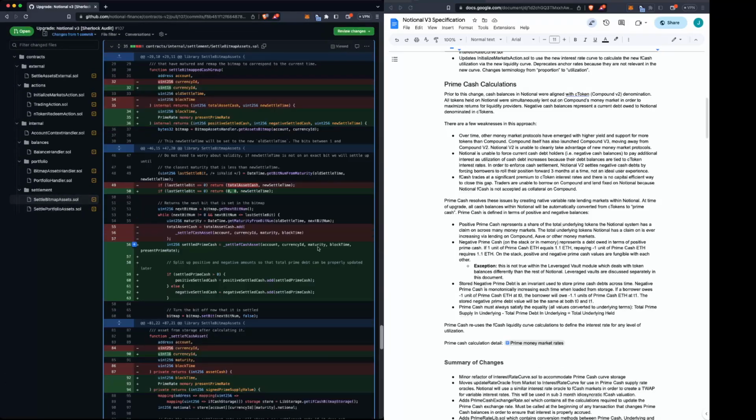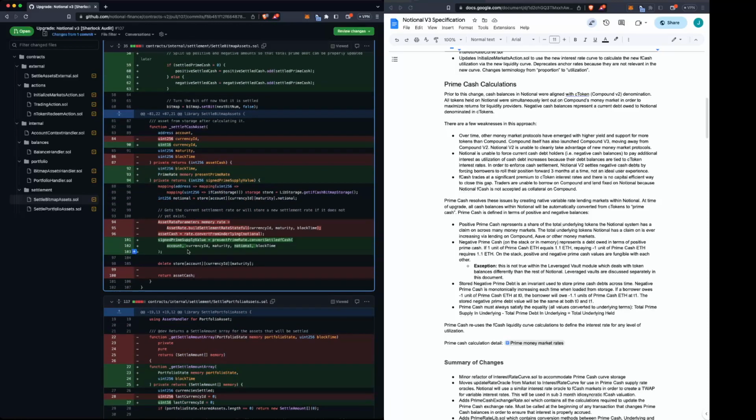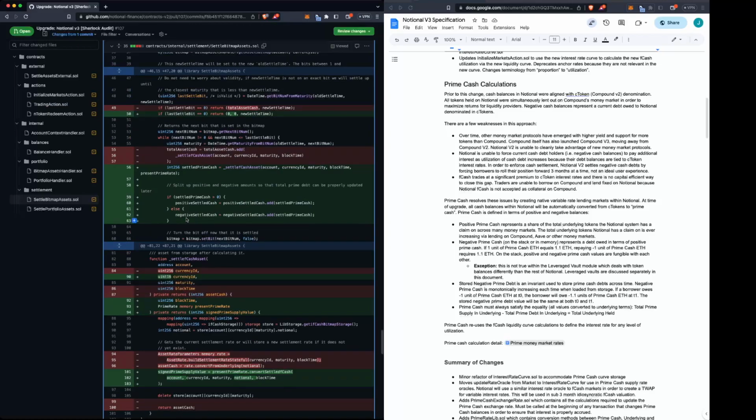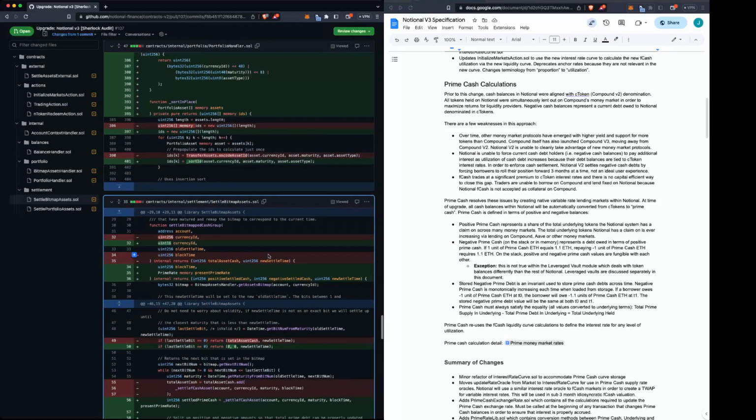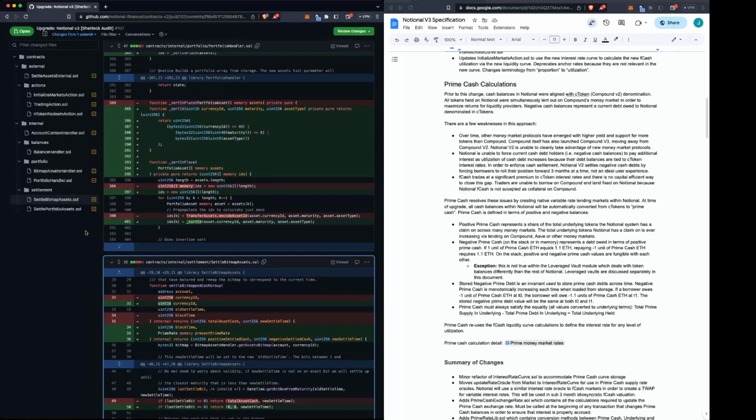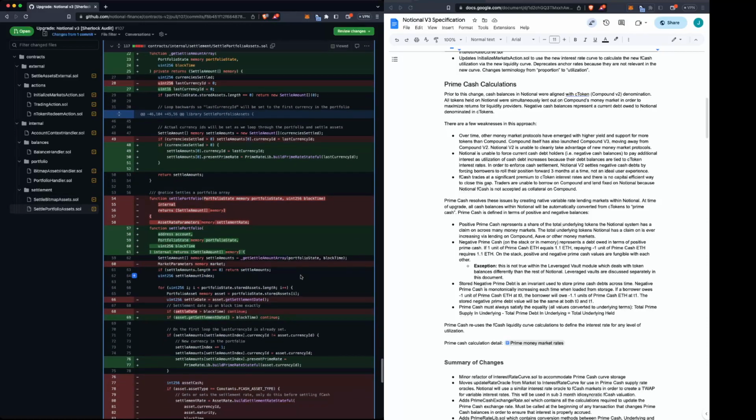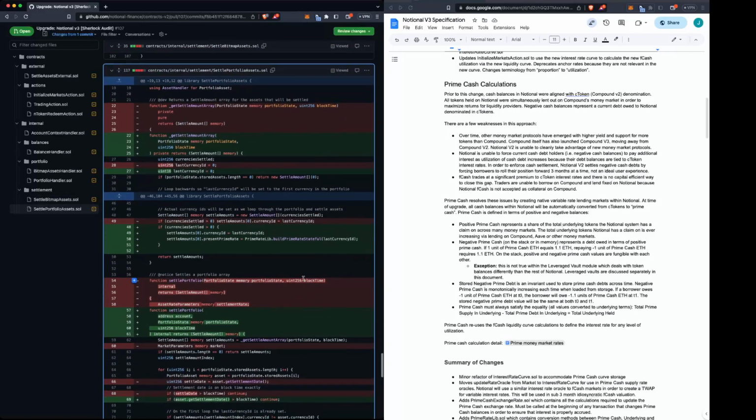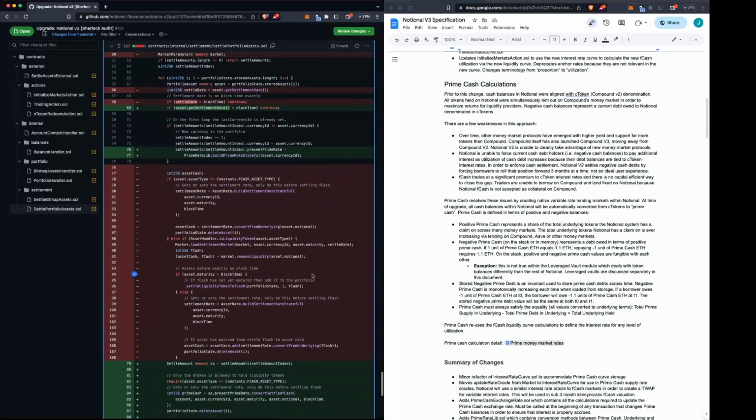So bitmap doesn't really change too much. We're calling some different functions here, but structurally it's doing the same thing as it was before. Portfolio is again structurally doing what it did before.